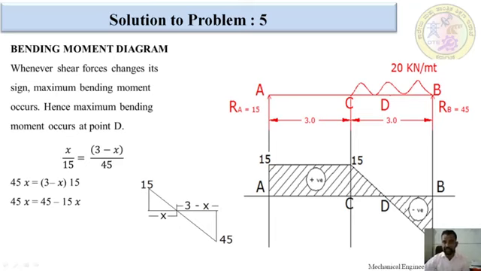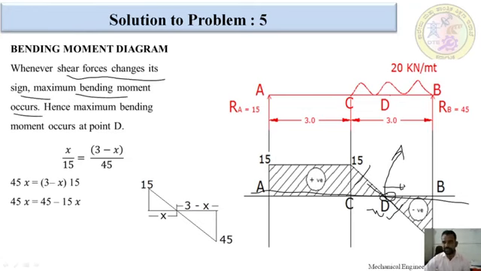Listen carefully: whenever the shear force changes from negative to positive, crossing the baseline, that point is where the maximum bending moment will occur. In other words, whenever the shear force changes its sign, negative to positive, maximum bending moment occurs. This is the explanation I have discussed.